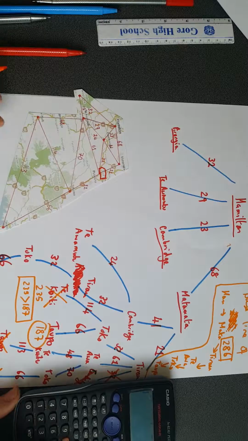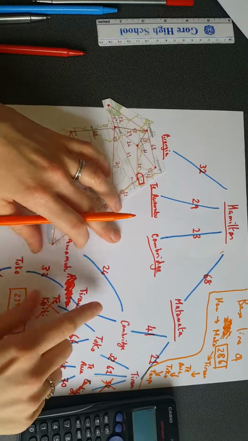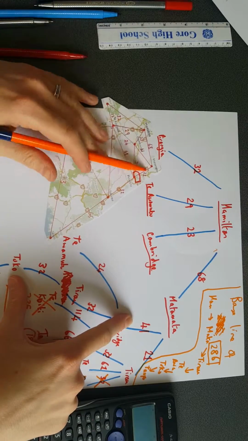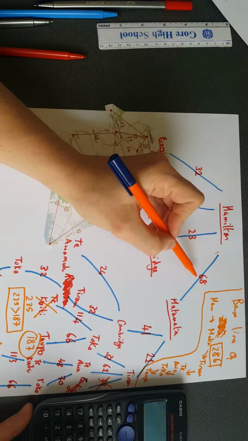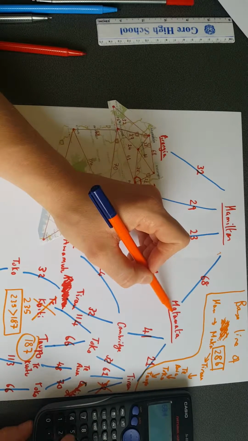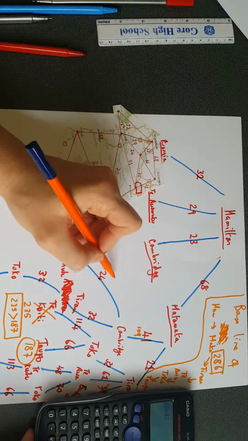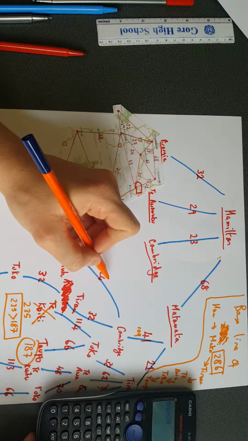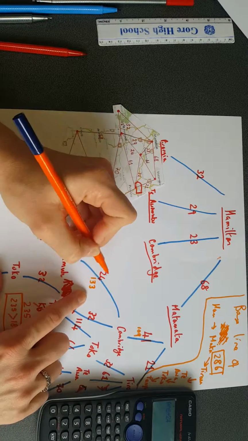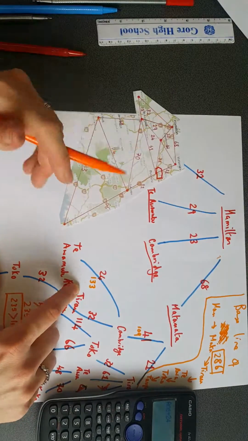Okay, so now I went to Tokoroa, which is 114, and now I'm going to do 181 plus 114, which is 295. Now this is why the baseline is really helpful. I know that I have 295 here, and I know that 295 is bigger than my baseline that I already have, so I can cross it off without having to go all the way to my final destination.